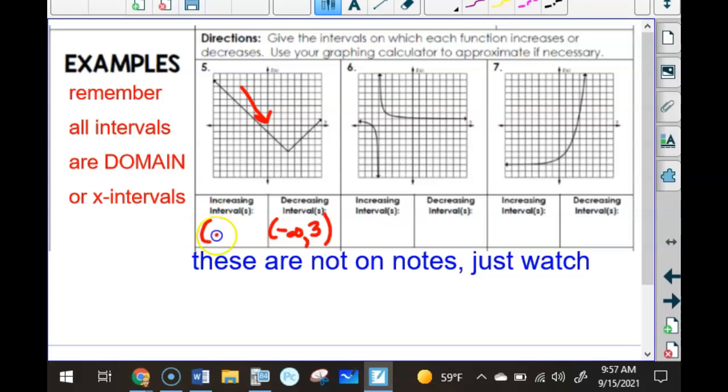From 3 to the right, it would be increasing. It's just tracing it out. Is it going up or down? Now, it feels like this is going straight, and it's not. Anything that has an asymptote is getting closer and closer, so it's either increasing or decreasing. So which is this doing as I go to the left? Decreasing. So how would I write that for the decreasing?